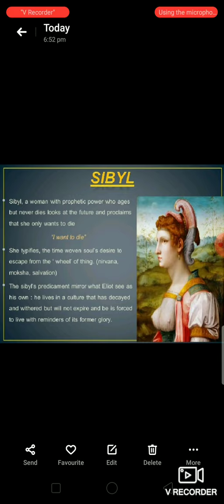The Sibyl's predicament mirrors what Eliot sees as his own. He lives in a culture that has decayed. See, now she is very old, and that old age has brought ugliness to her.